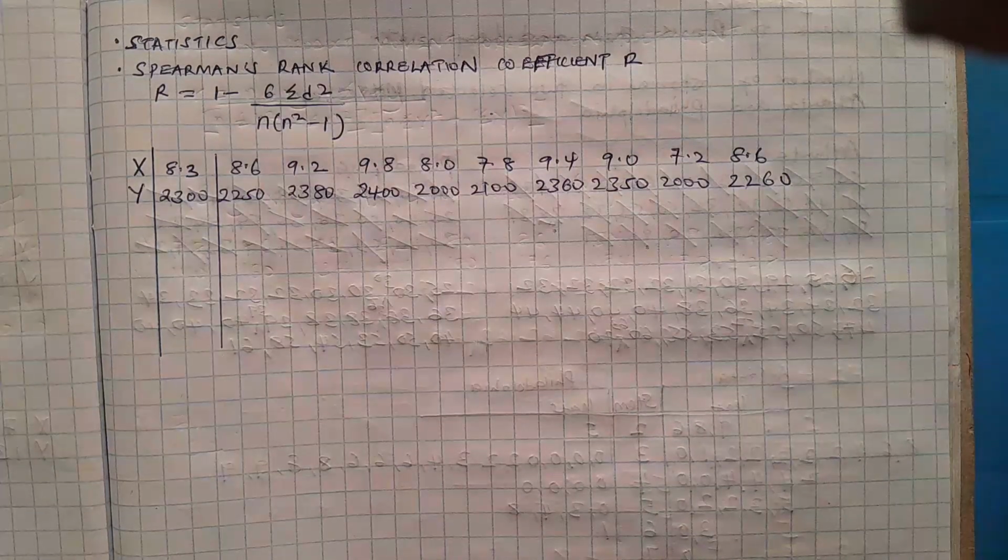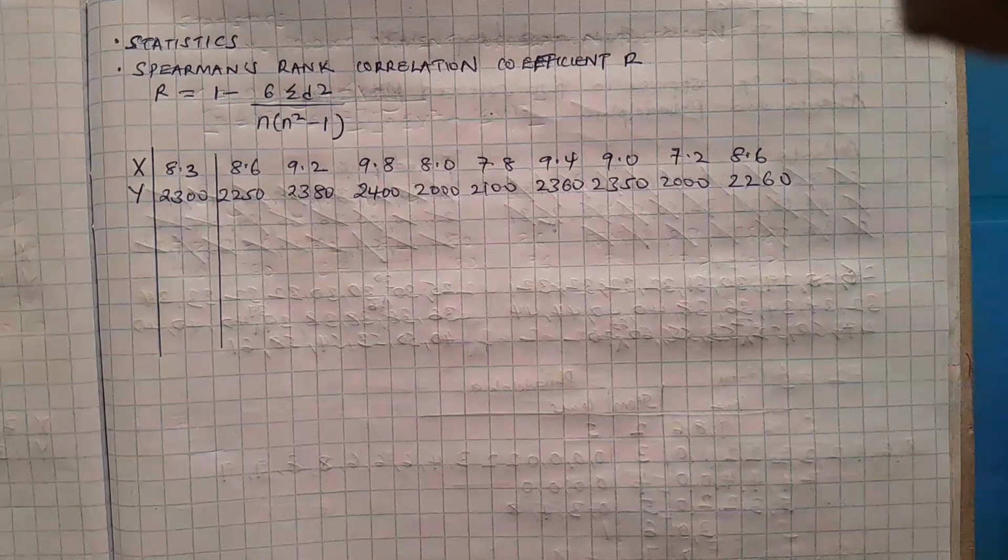In calculating, R is 1 minus 6 times the summation of D squared over n into n squared minus 1, where D squared is the square of the difference between the ranks in the variables that we have, while n is the number of the set of variables that we have.